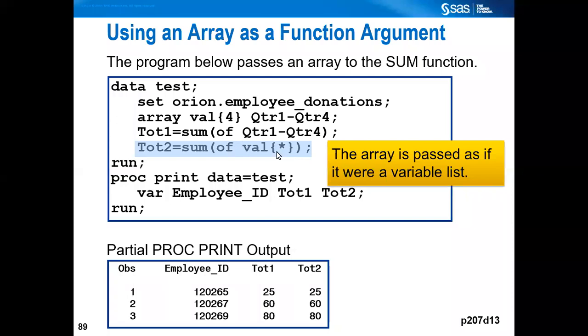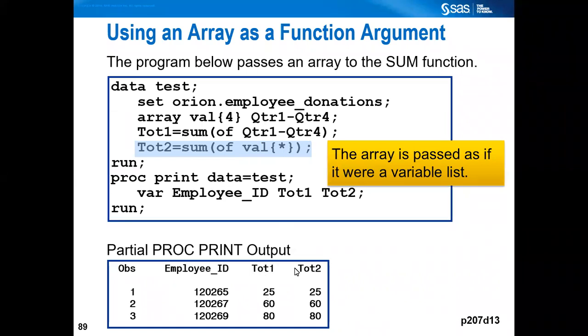So this is also one way where you are actually augmenting. Augmenting means you are enhancing the statements with a SAS function to be used on an array. So the array is passed as if it were a variable list, as if we are writing these elements, correct?